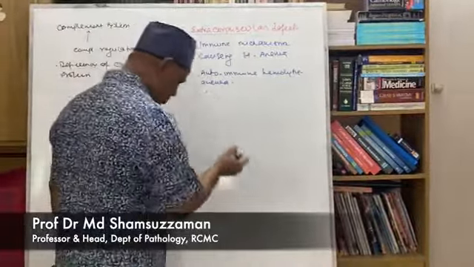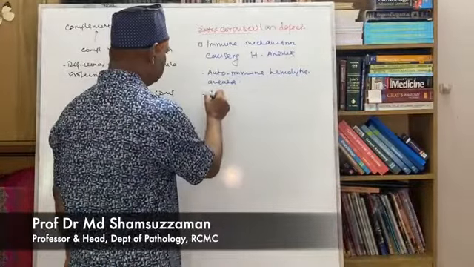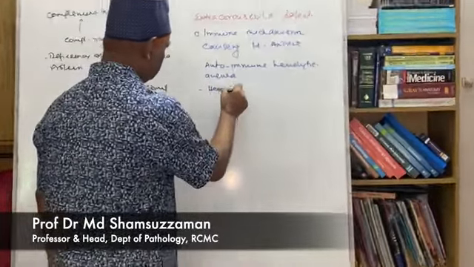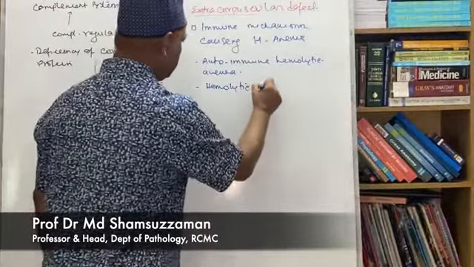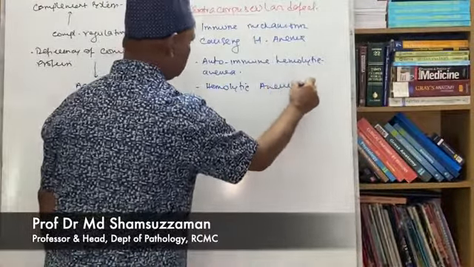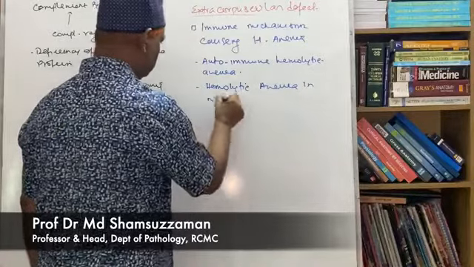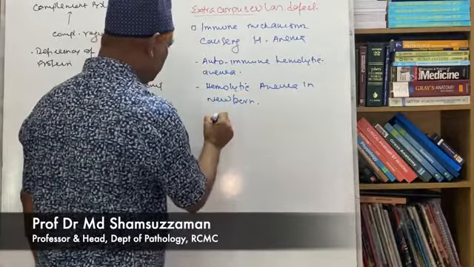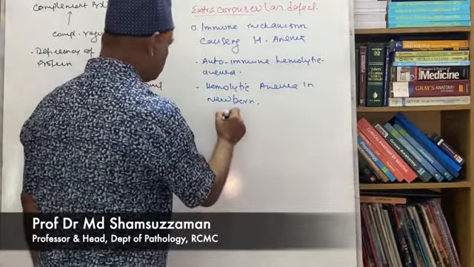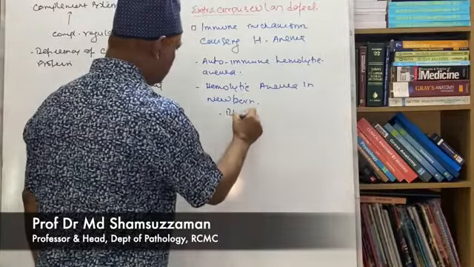Another is hemolytic anemia in newborn. You know, one is erythroblastosis fetalis, that is RH incompatibility.